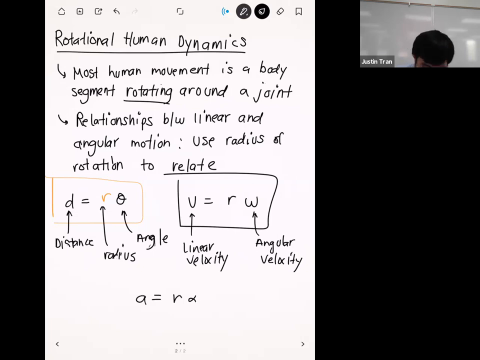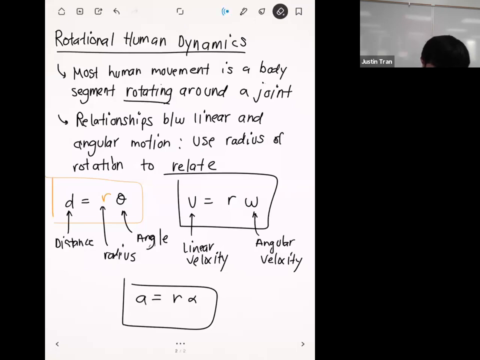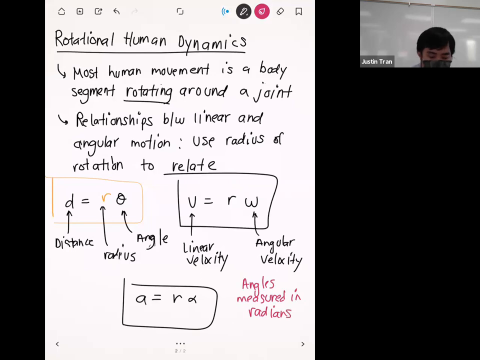Oh, question. So is angle measured in radians or degrees? That's a great question. For these formulas, the angles have to be measured in radians, because otherwise these formulas will definitely not work.